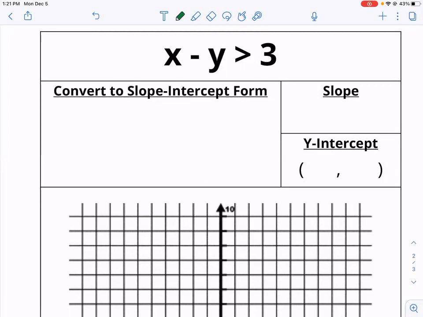X minus y is greater than 3. Since I see an inequality, I know that we're going to have a line and some shading. But before we know where to shade, we need the line. So go ahead and write x minus y equals 3 so that we can write this in slope-intercept form.